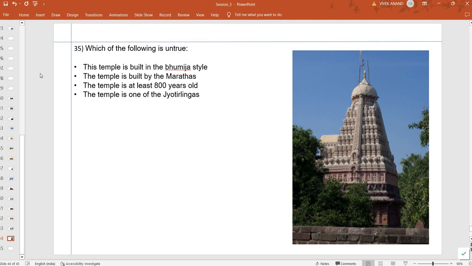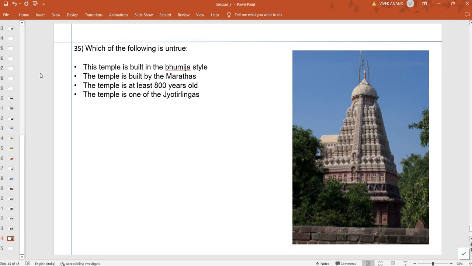You can see the Bhumija style, right? Why did you tell that this is at least 800 years old?